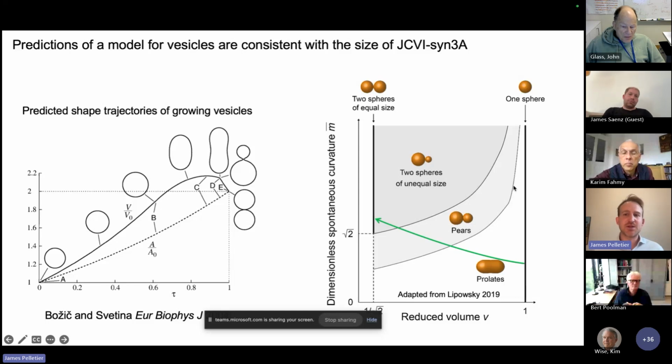So we could do osmotic shifts to take spherical cells and deflate them by putting them in hypertonic solutions, and then returning them to hypotonic solutions to move along the horizontal axis, and then along the vertical axis, ways to perturb membrane curvature.